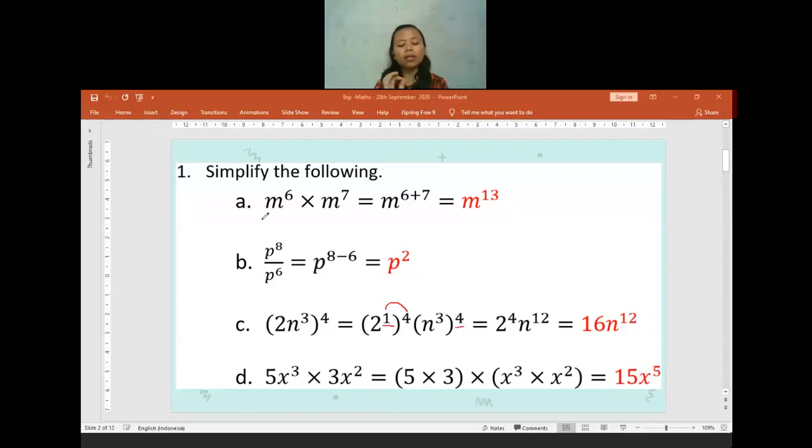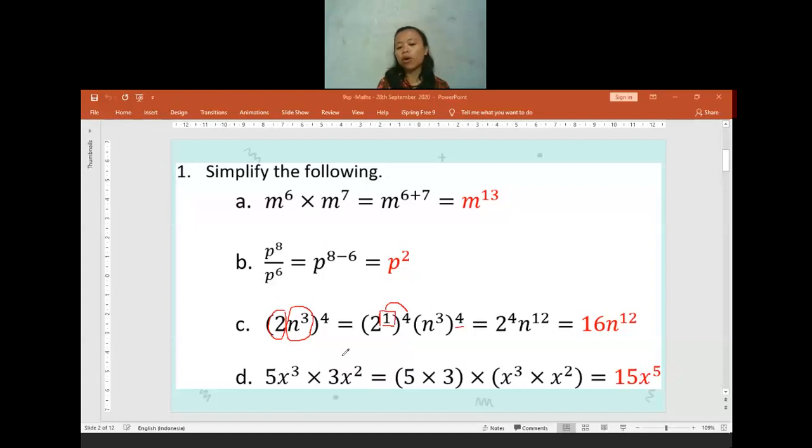Okay. For the 1C, as I told you, everything inside the bracket will get the power. So inside the bracket for question C, there is the number 2 and also n to the power of 3. To make it easier, if any number or any letter has no power, you can make your own power by adding the number 1 as the power.